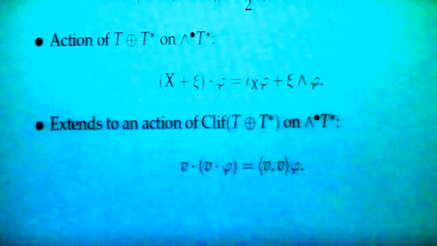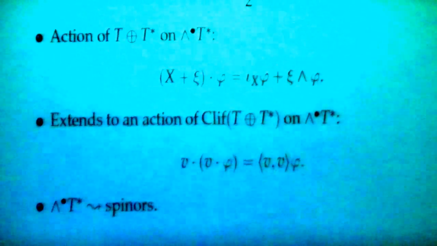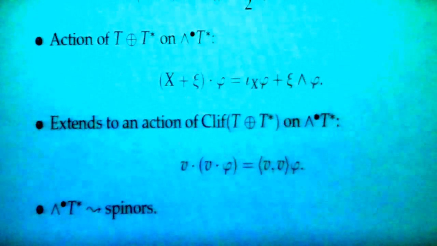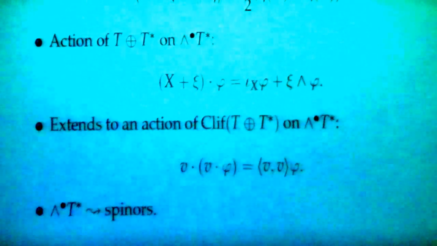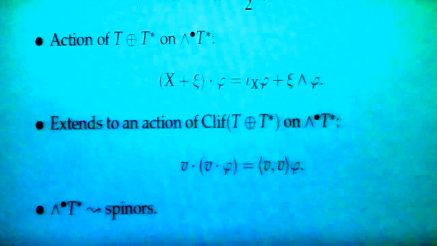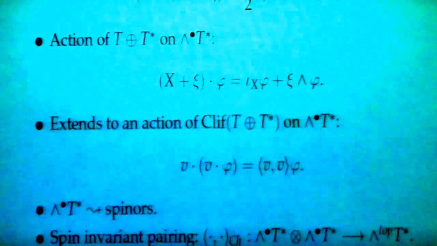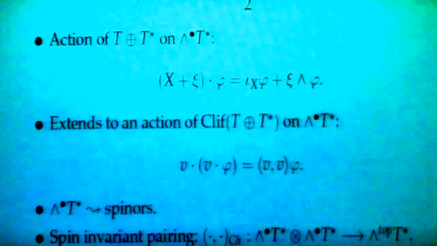And that makes this space of forms on T star the spinors for T plus T star. From our point of view, that's the correct way of thinking of it. Technically the even forms and the odd forms are the spinors, but we just call them spinors. And being spinors, they get a spin-invariant pairing, which we call the Chevalley pairing.